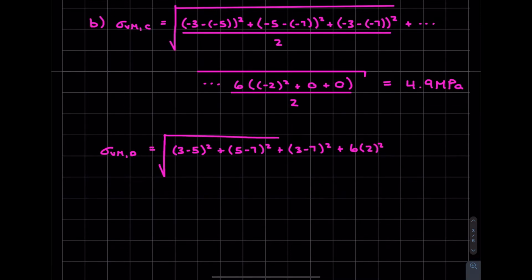And this time I was able to fit it onto one clean line because I didn't have so many negative signs, and I didn't include the zeros for sigma 1,3, etc. I substitute all this in, and under no surprise, you get 4.9 MPa.